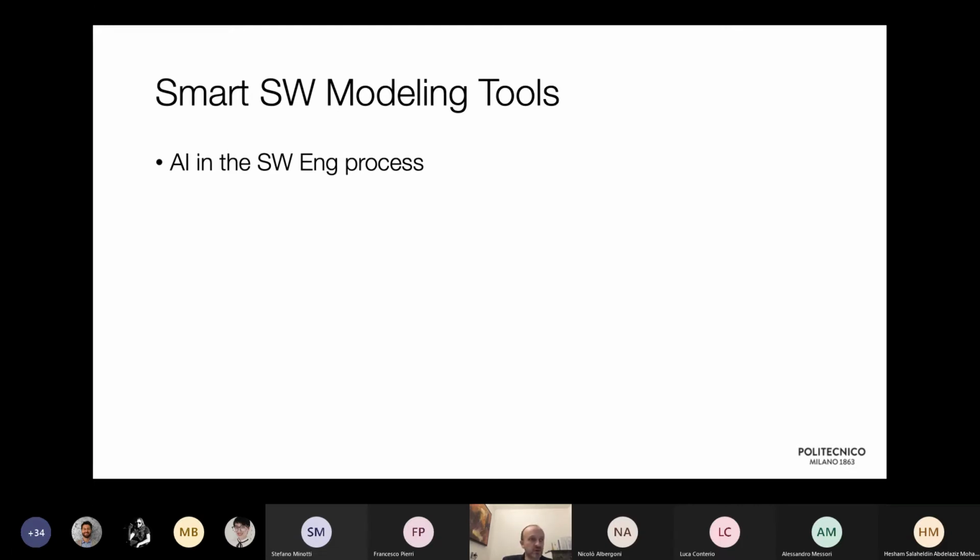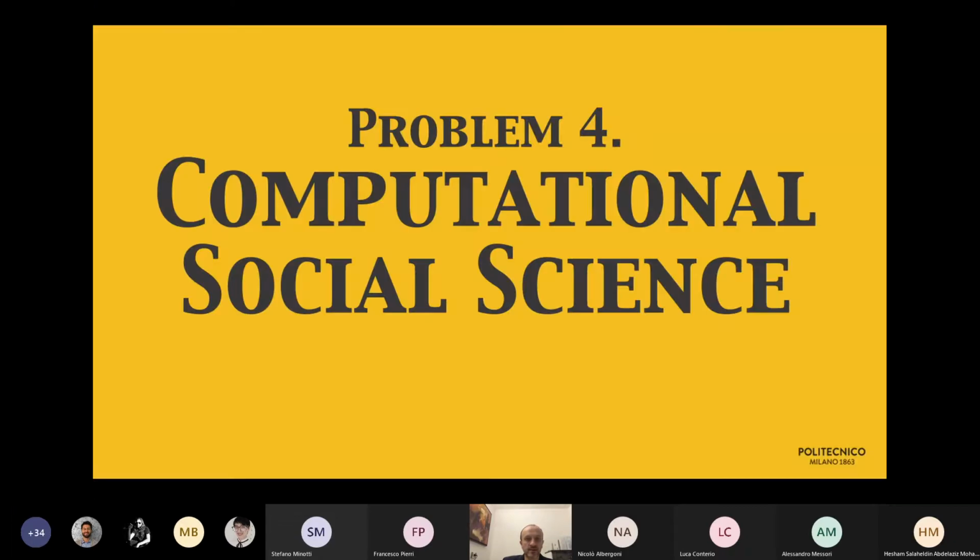All right. Moving on. Yet another field, which is actually a very broad one, in which, in some way, the work presented by Francesco later may also fall, is what we could call computational social science.